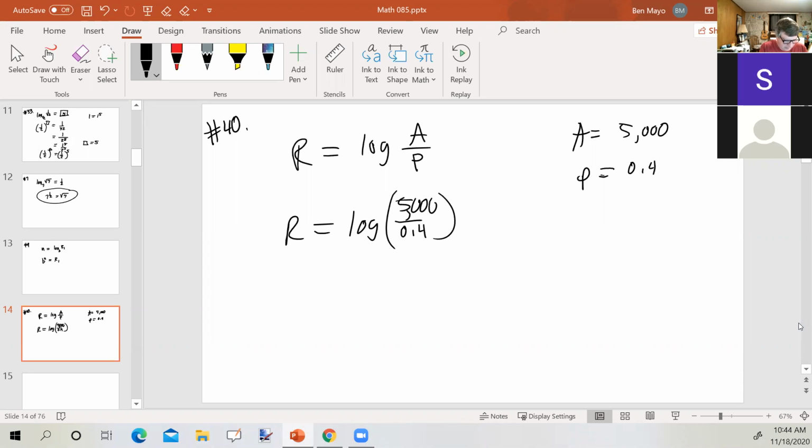Okay, so I've got the log of parentheses 5,000 divided by 0.4, close it up, and I get 4.09691, etc., etc. It says round to the nearest tenth. That would be here, the 9 would round up, so it would be 4.1 on the Richter scale.